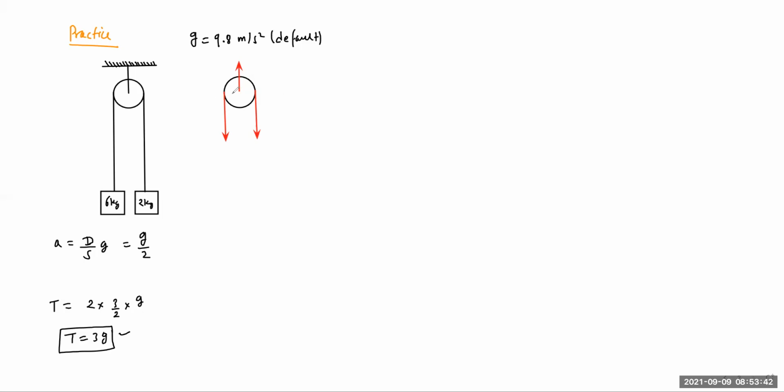If I look at the pulley, then I'm taking the pulley as massless by default. If the mass of the pulley will be there, I need to mention that also. So that's not an issue. So the force acting on the pulley is T, and this force we don't know, so let's call it F. Now the pulley I'm taking massless by default, so I can say because the pulley is not in motion, F must equal 2T. That's simple. So the force that the ceiling, now again this is something connected, so this will also pull.